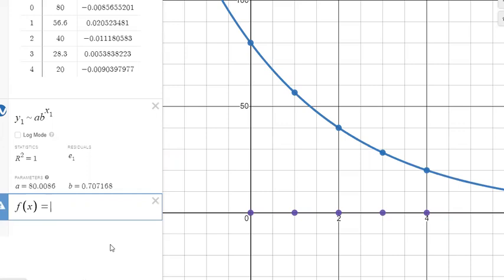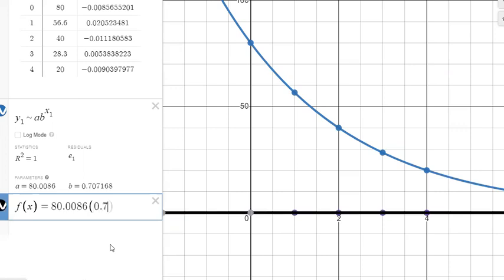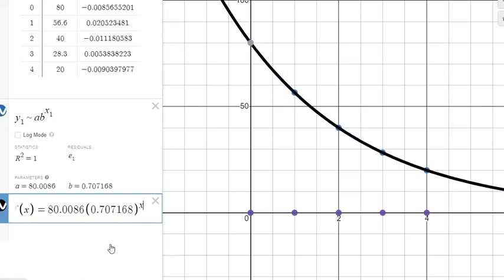And I'm going to type in my 80.0086, and then in parentheses, my 0.707168. And then go ahead and raise that to the x power. You can see that it becomes the black function right here.